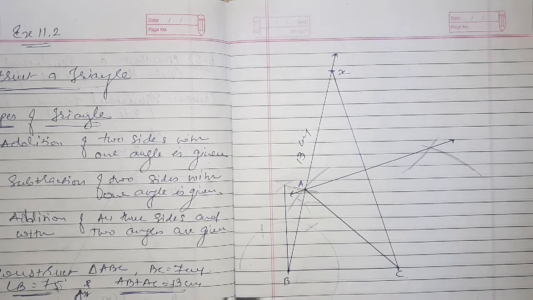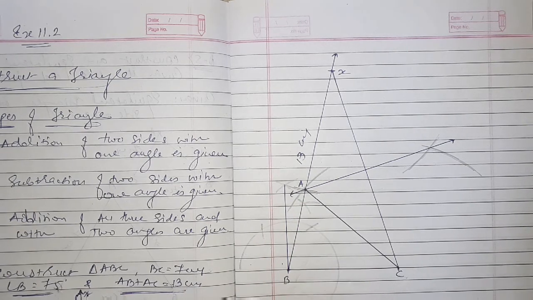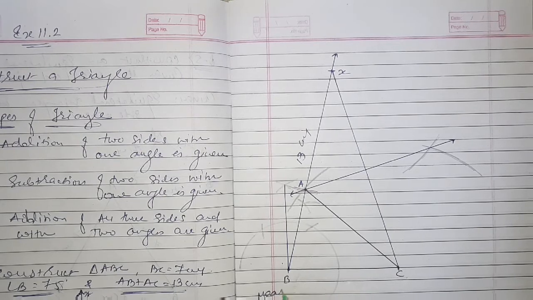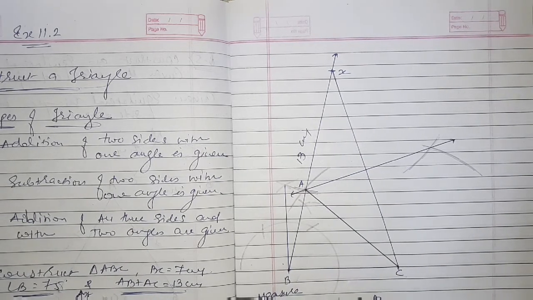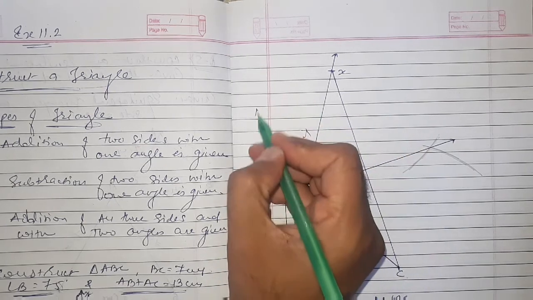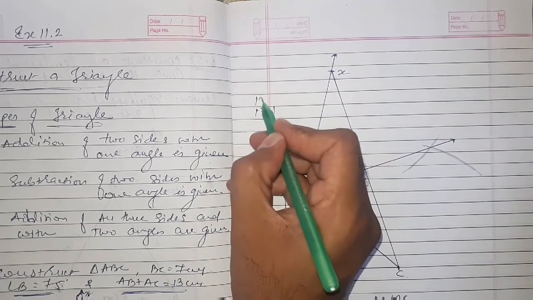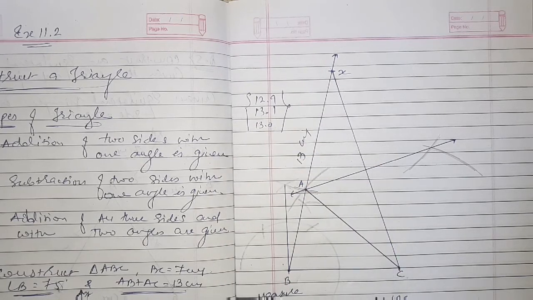Clear? For the justification, measure the line segment AB, measure AB and AC line segments, and after that add both of the line segment measurements. If by adding both of the measurements your answer is 13.1 or 12.9 or 13.0, then your answer is correct for the construction.